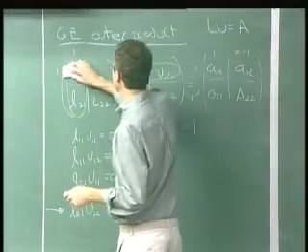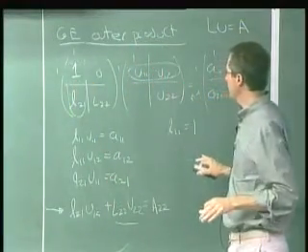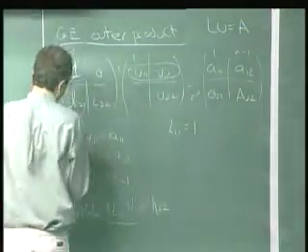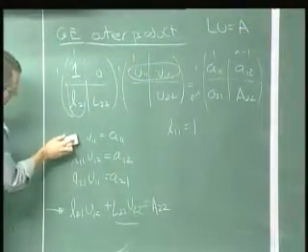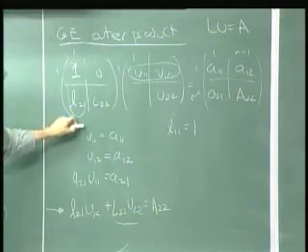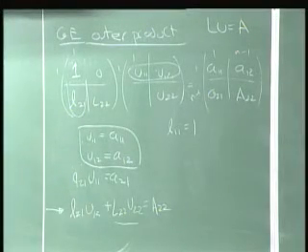So I'll put a 1 here. And now the rest of it will all fall apart. If L11 is 1, so this drops out. And now I immediately have U11 and U12. We're done.